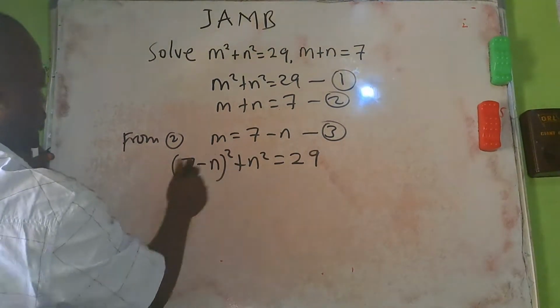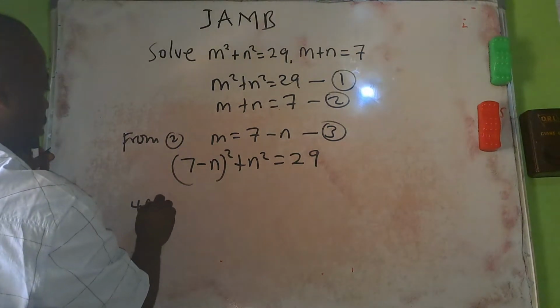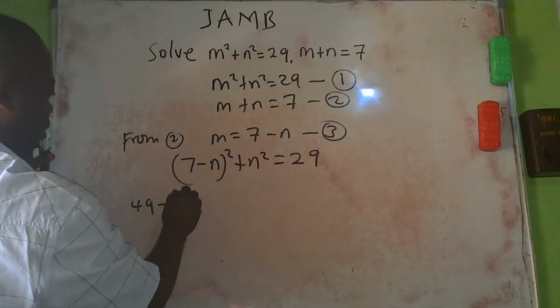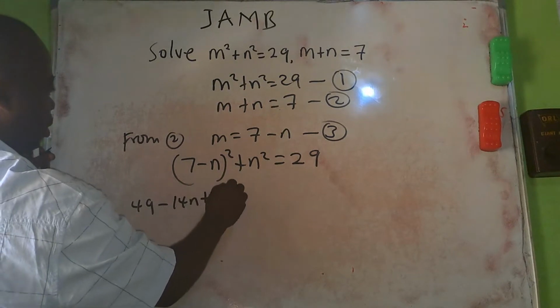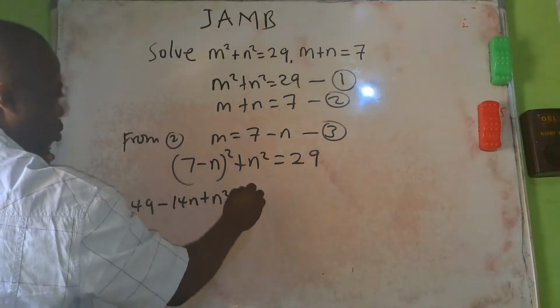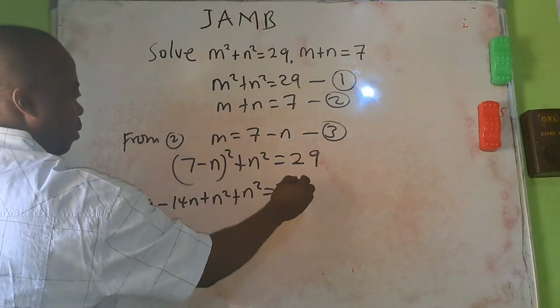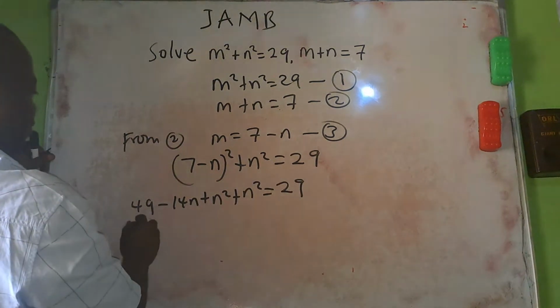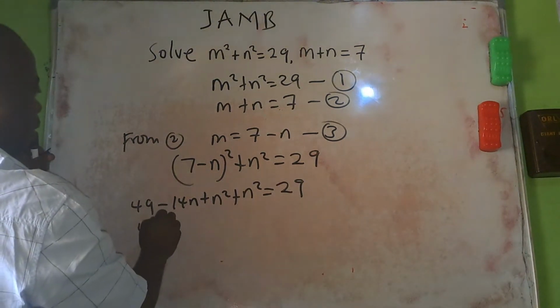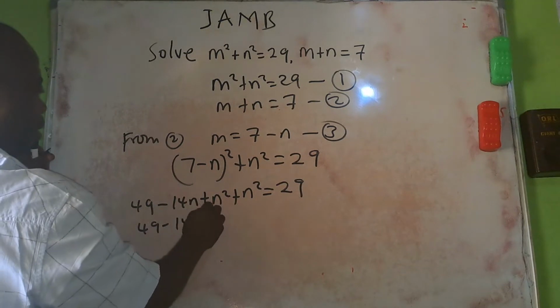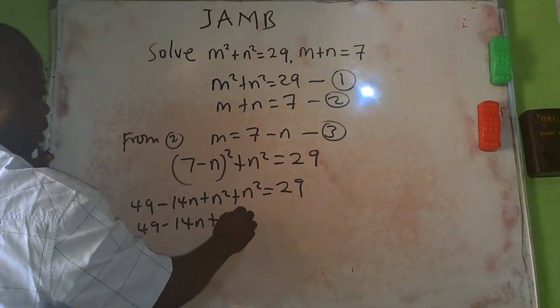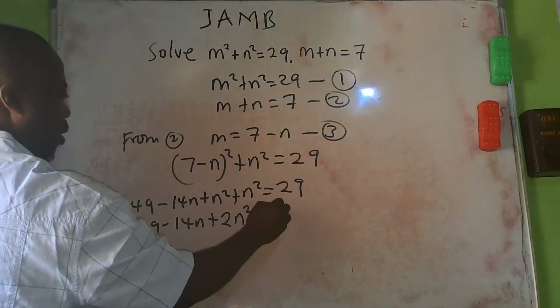So when you expand this, you will have 49 minus 14n plus n squared. Add this n squared, equals 29. So you have 49 minus 14n plus 2n squared equals 29.